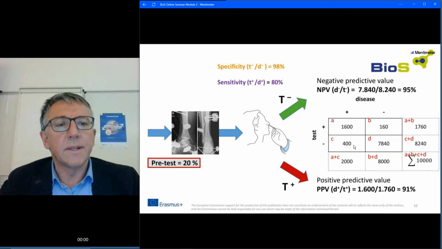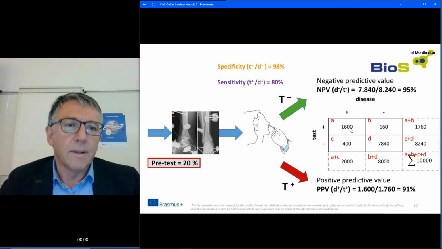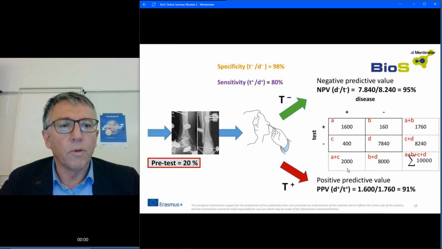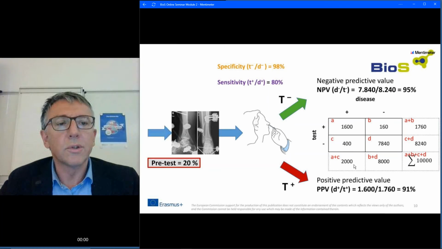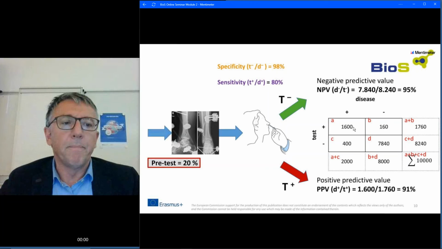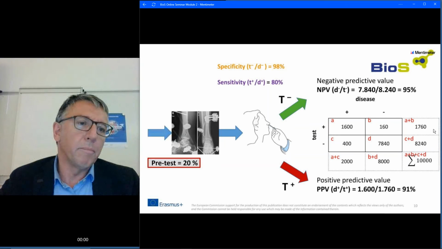Those being tested negatively, having the disease, this is the sensitivity. These are 80% of those 2,000 individuals being tested positive, 1,600 tested positively out of those potentially 2,000 having the disease. And this gives us then the information of the positive predictive value. Total number of people being tested positive, 1,700.